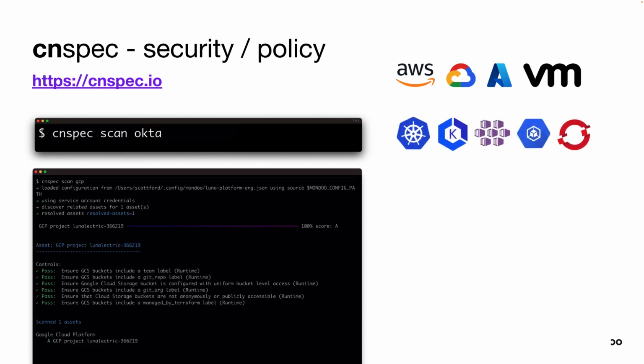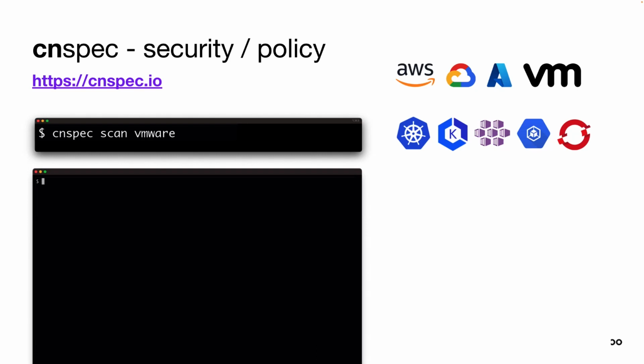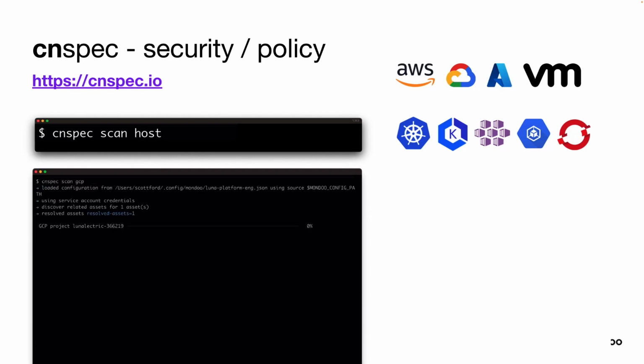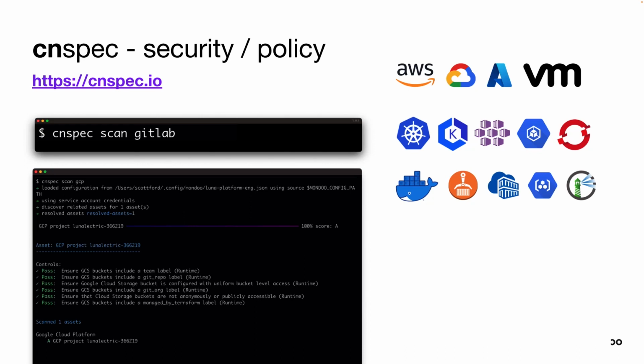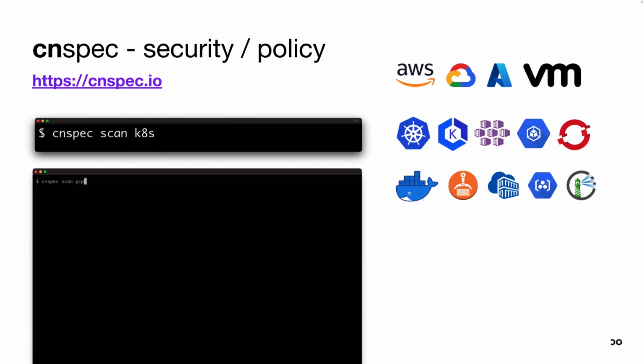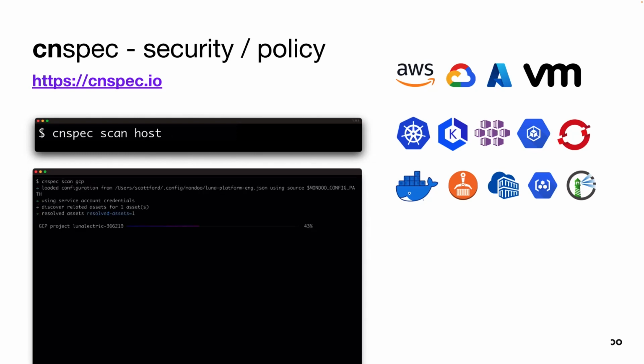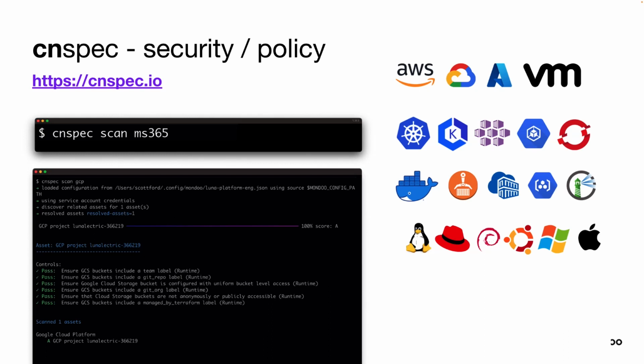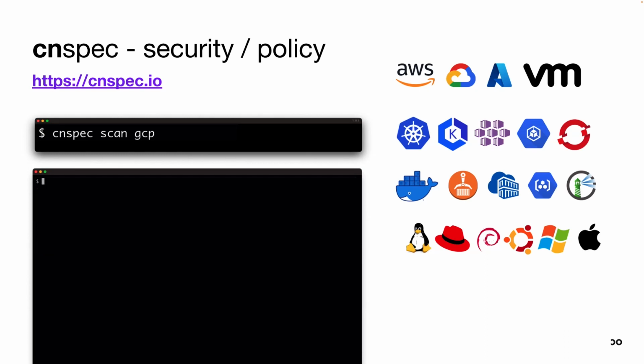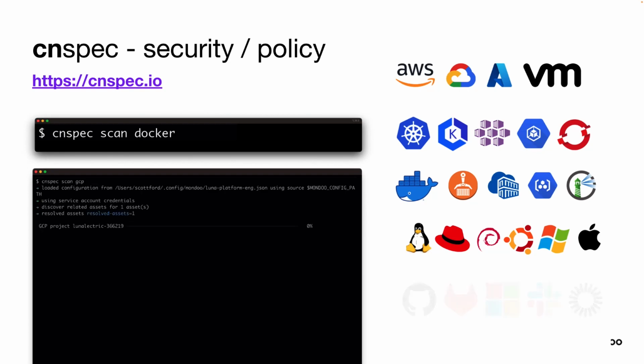We work with Kubernetes, both self-managed and managed solutions, EKS, AKS, GKE, OpenShift. We work across container technologies, so assessing misconfigurations and vulnerabilities in your containers as well as in container registries. It works across all the major platforms, Linux, Windows, and macOS for scanning vulnerabilities and misconfigurations.